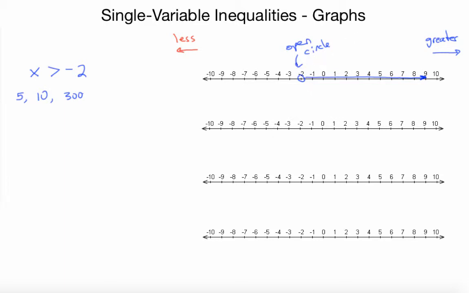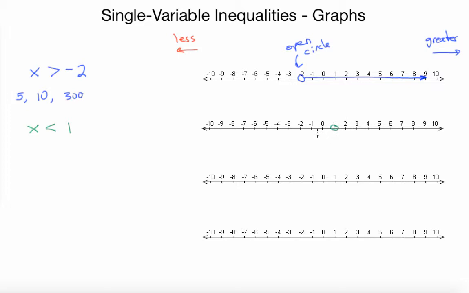All right, let's take a look at another example here. Let's do x is less than 1. So what are all the numbers that are less than 1? 0, negative 1, 2, negative 2, negative 3. So we're going to the left. In this case, my boundary is at 1. So I'm going to find 1 and put an open circle, because it doesn't count 1.